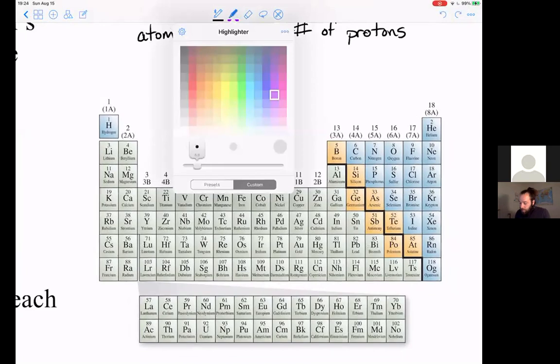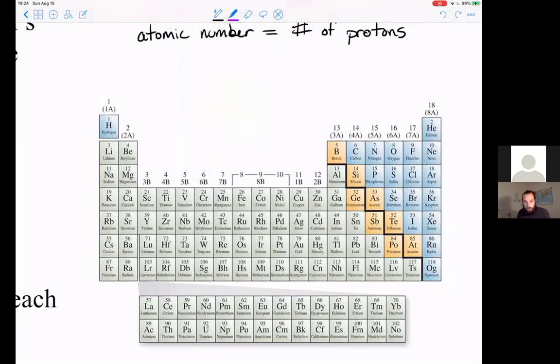All right, so we can just go down the line with the numbers if you're having trouble finding it. So 1, 2, 3, 4, 5, 6, 7, 8, 9, 10. So neon is the element with 10 protons. Again, if I added a proton, it's no longer neon. Now I'm going to have 11, so I'm going to be sodium, et cetera, right?